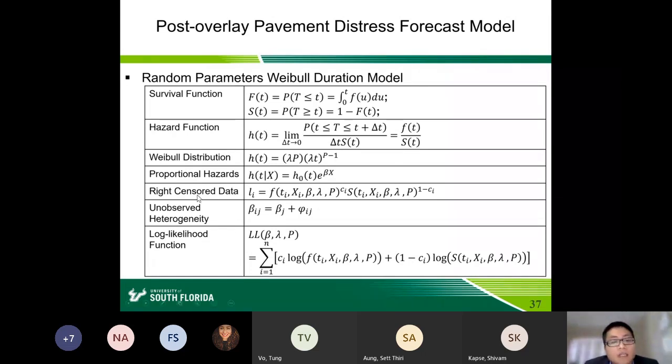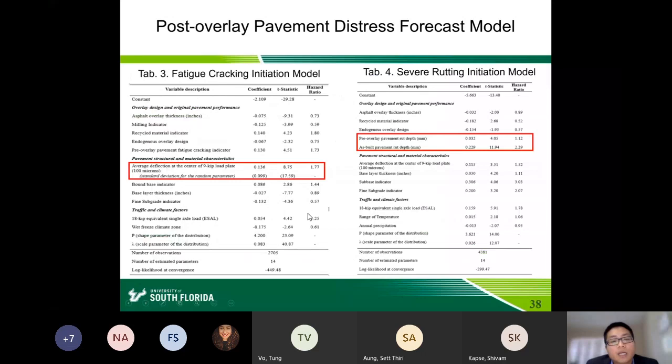As we can see here, it can address the censored data and unobserved heterogeneity issue. And then the model can be developed. As we can see here, this is a random parameter: the pavement deflection has the random effects on the vertical crack initiation.